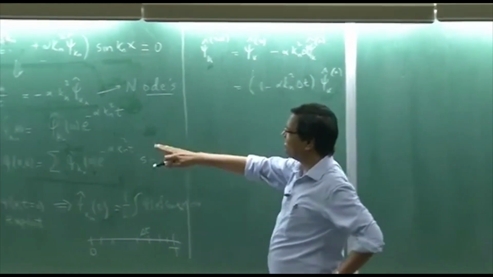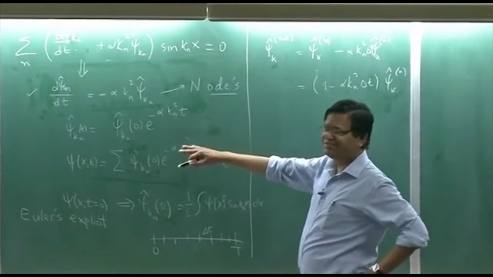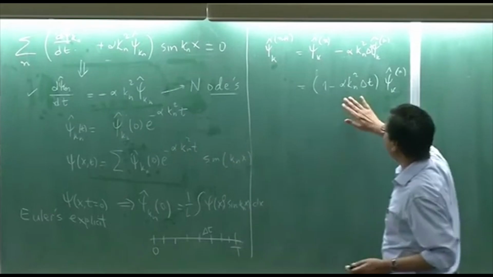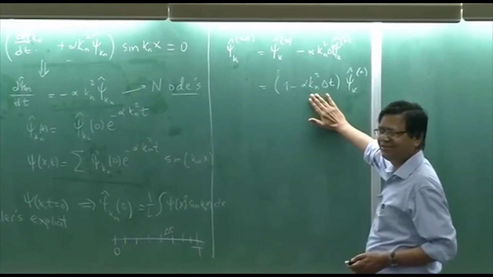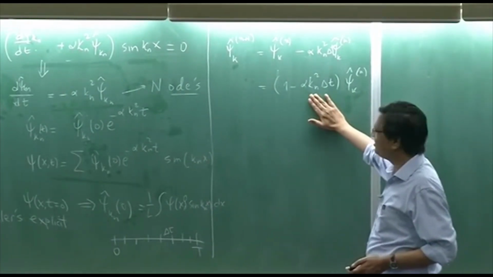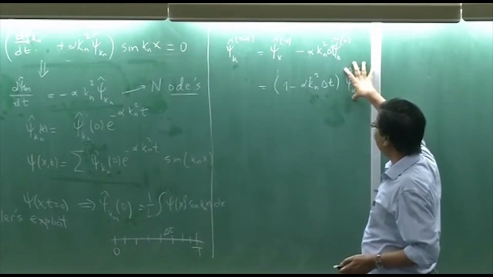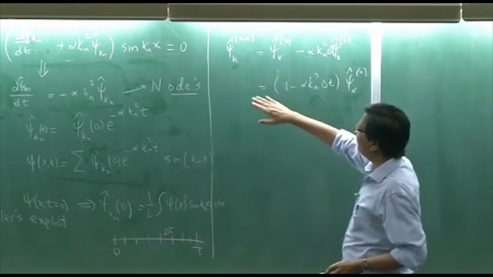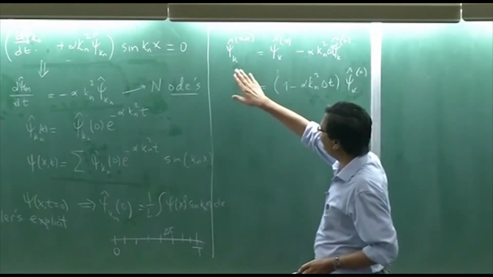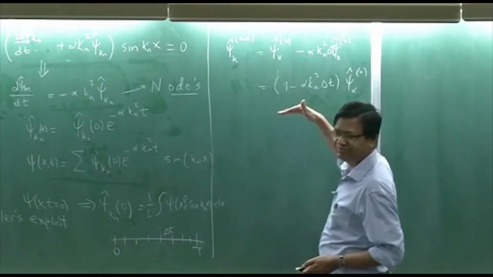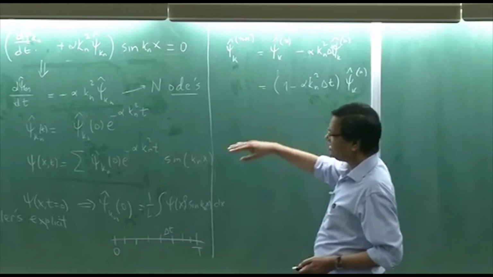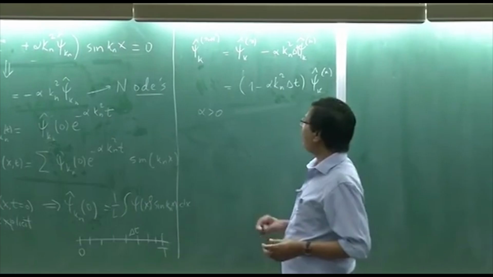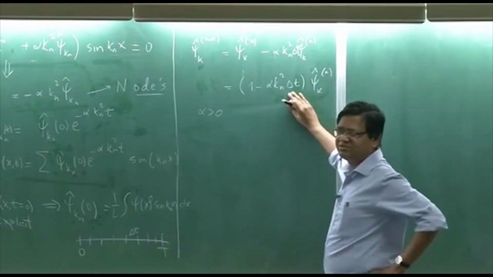So if alpha is positive for the diffusion equation, things are fine. This will converge, since for alpha positive this quantity is real. So my psi n plus 1 will decrease. Now there can be a problem if my delta t is too large. So what can happen?